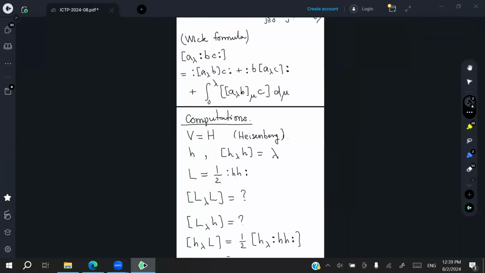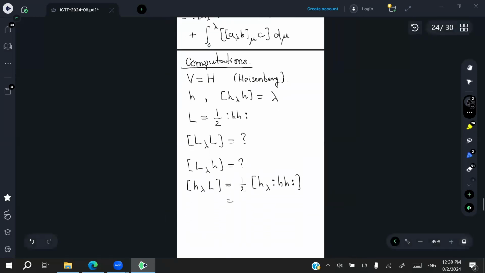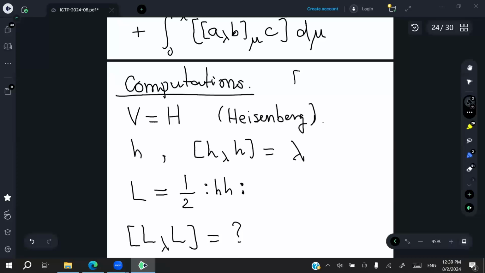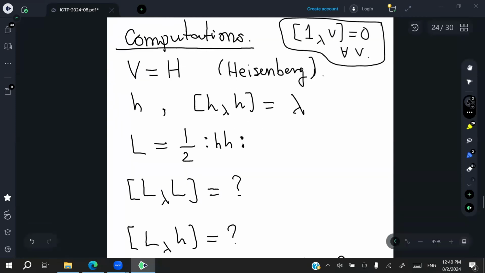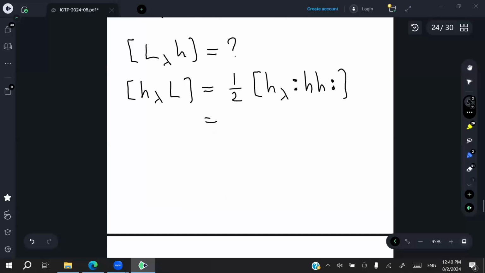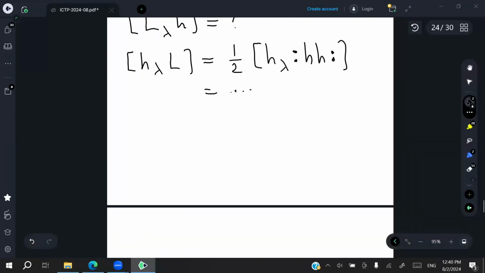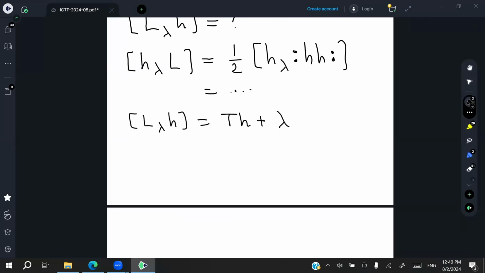In this case, the integral actually vanishes because we'd be taking the lambda bracket of 1 with something. So, by the way, 1 lambda v is 0 for all v. Okay, so you do that computation, and it is what it is. I won't work it out explicitly, but you'll find that you then use skew symmetry to work out L lambda h, and you find that it equals Th plus lambda h. Okay, so this is something that you can compute.